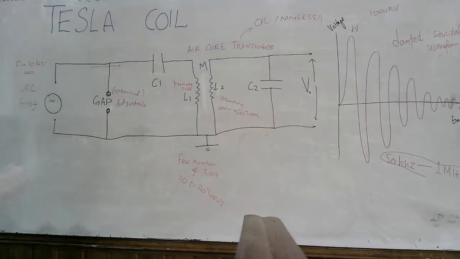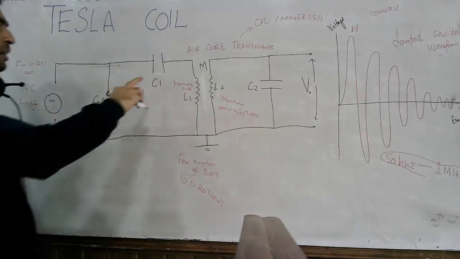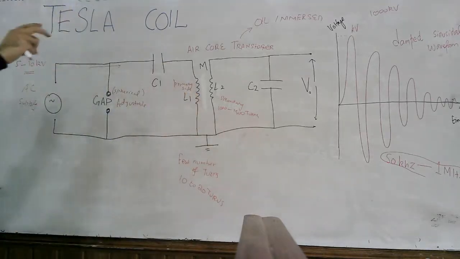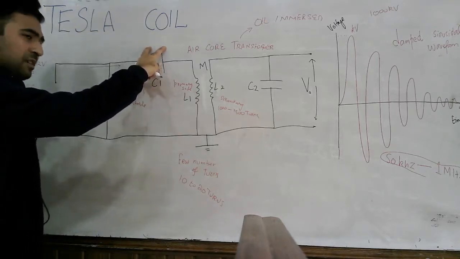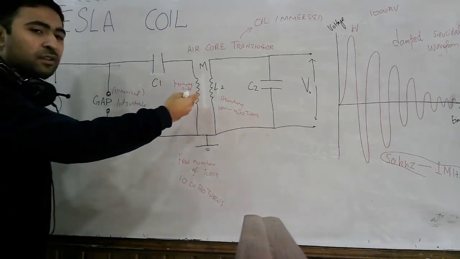What happens? This capacitor charges. Now you have the capacitor and inductor in series. You know, the capacitor opposes the change in voltage across it, and the inductor opposes the change in current through it.